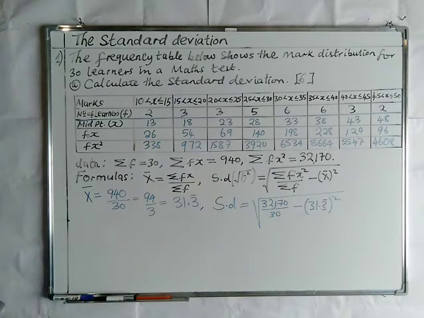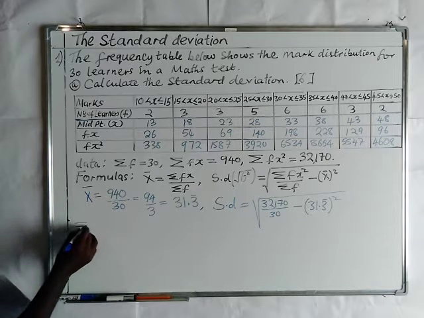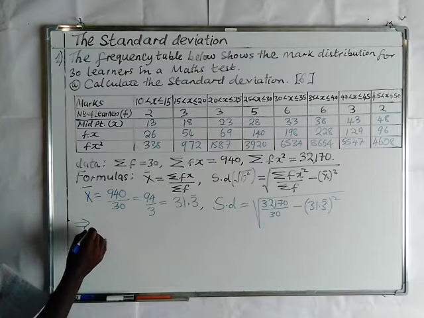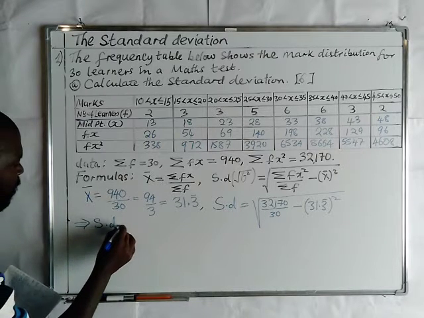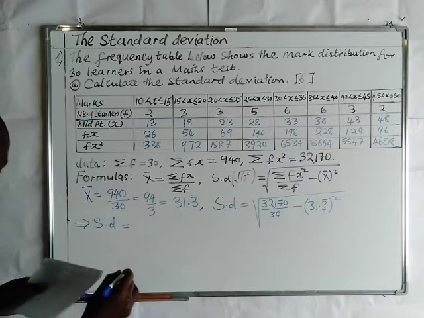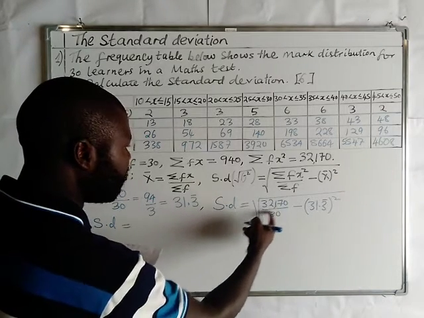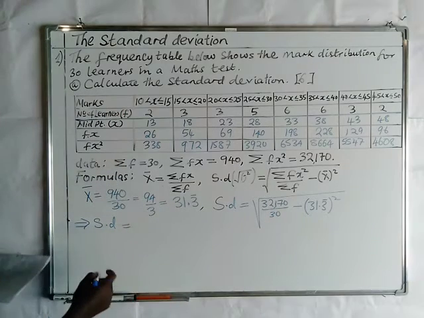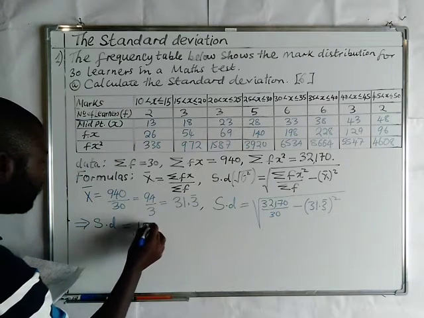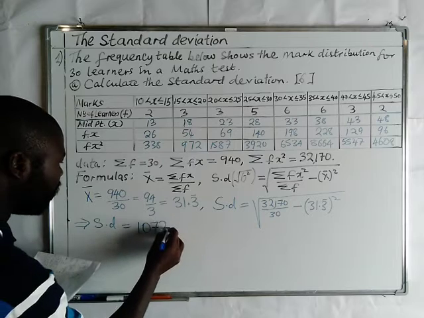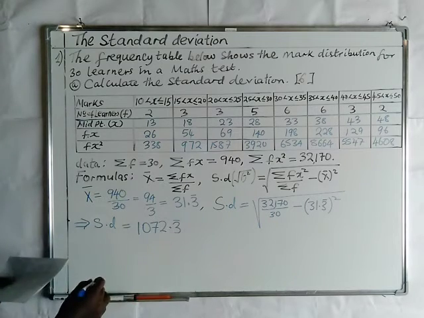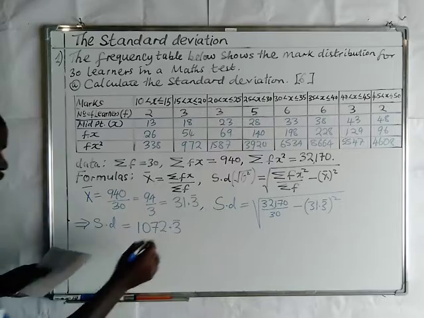So we have started working out the equation for the standard deviation. We say this implies that our SD will be given by, when we divide 32,170 by 30, we are getting 1072.3 recurring.